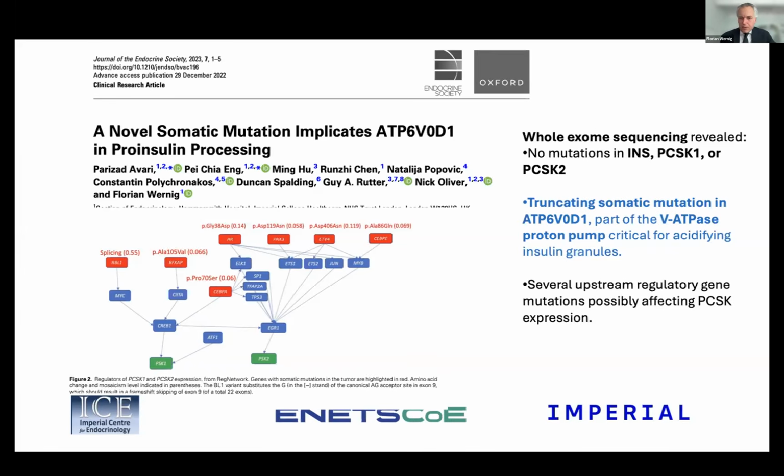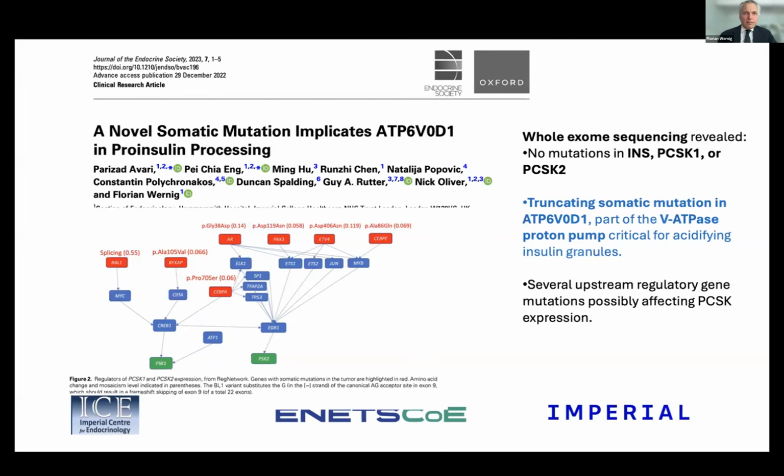But what we found was a truncating somatic mutation in one of the V-ATPase proton pump genes, which is critical for acidifying insulin granules. There were also several upstream regulatory gene mutations possibly affecting the PCSK expression.